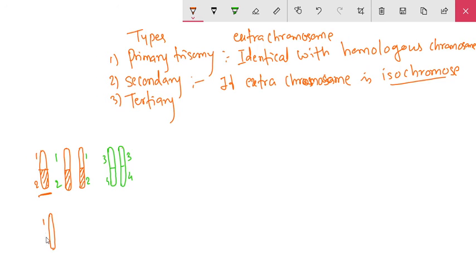Suppose it is 1 and 2, it is also 1 and 2. But this extra chromosome has equal arms. That means it is also 2 and it is also 2. Okay, so this chromosome is known as the isochromosome.